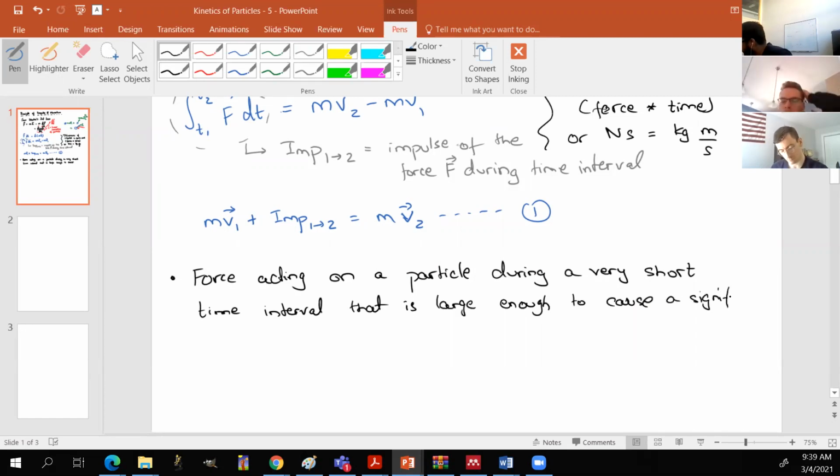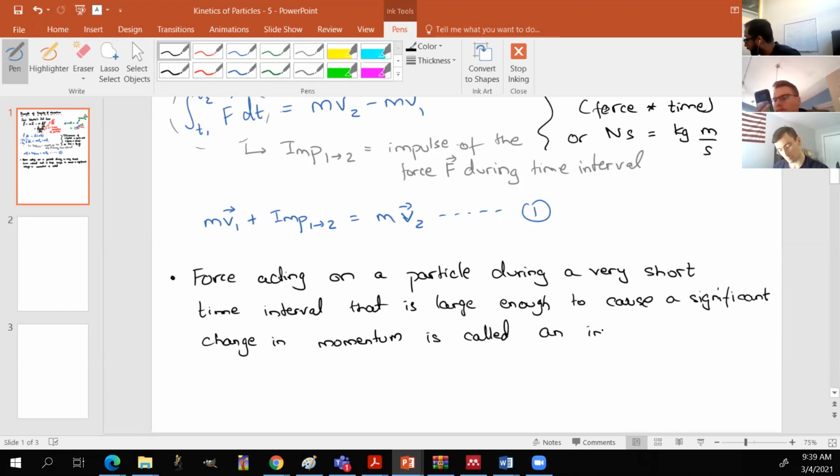You just have to look at the direction of travel and the direction of the force with which you're hitting. That is called an impulsive force. And when you have these impulsive forces acting, you can write your impulse momentum equation.